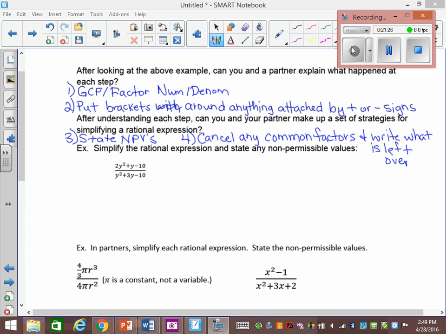And I guess if you want to be more specific, you could write cancel any common factors in the numerator and denominator. Because it has to be in the numerator and denominator. If you have an x plus 2 on the bottom and another x plus 2 on the bottom, they're staying. You have to have like one twin that matches on the bottom and the top. Okay?